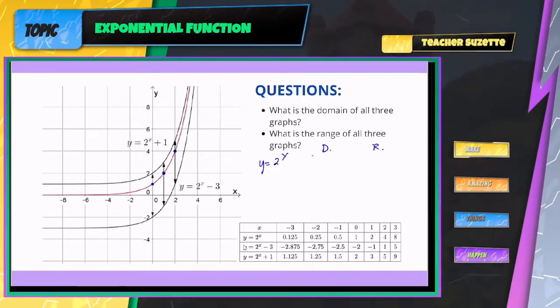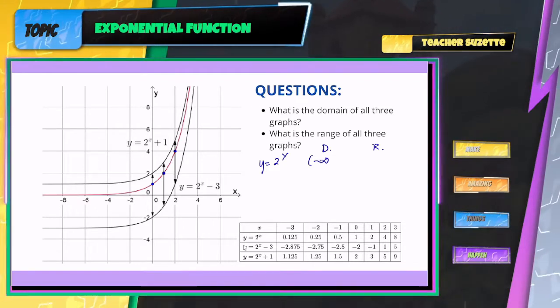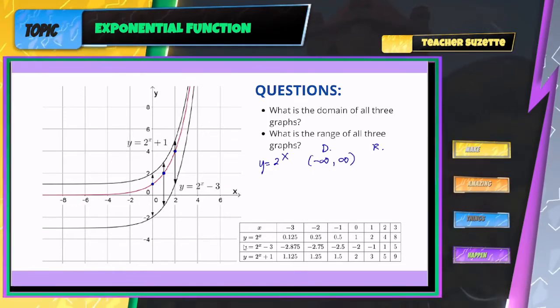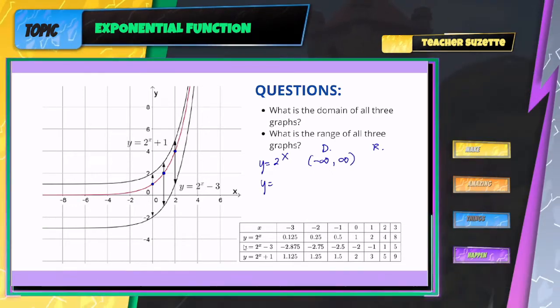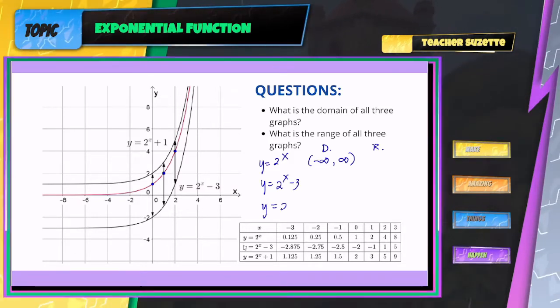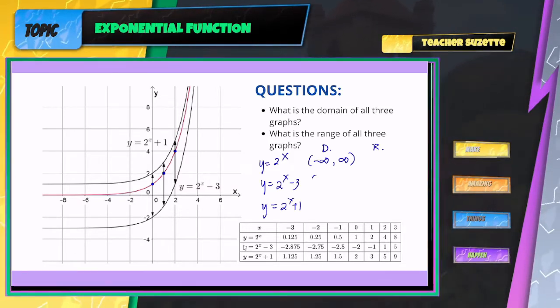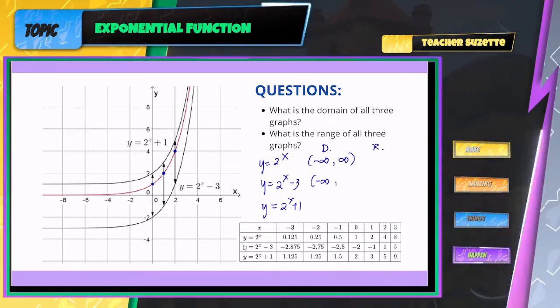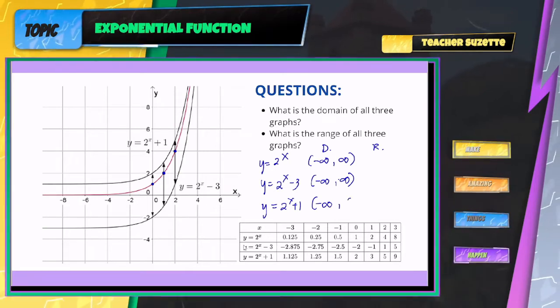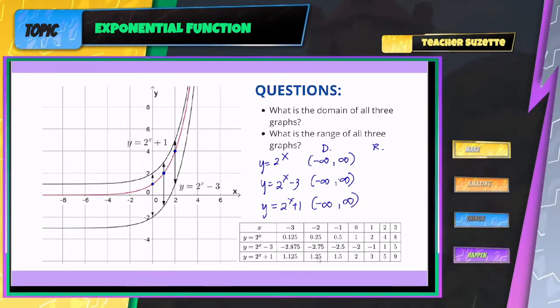Therefore, our domain is negative infinity to positive infinity. That applies also to y is equal to 2 raised to x minus 3 and y is equal to 2 raised to x plus 1. So their domains are negative infinity to positive infinity.